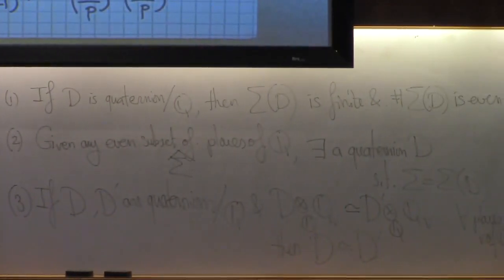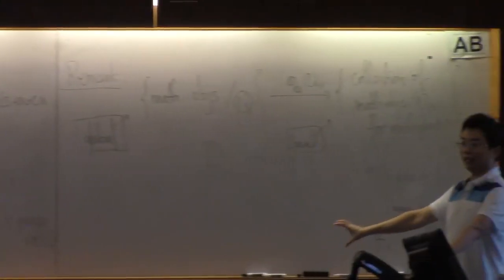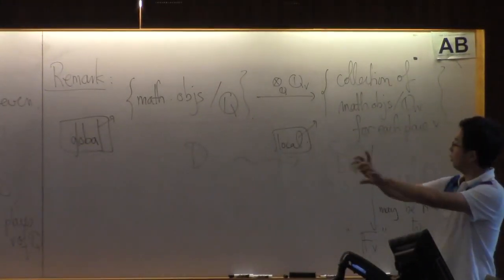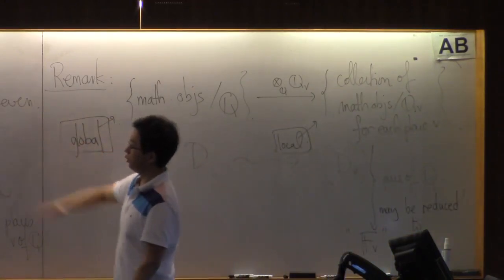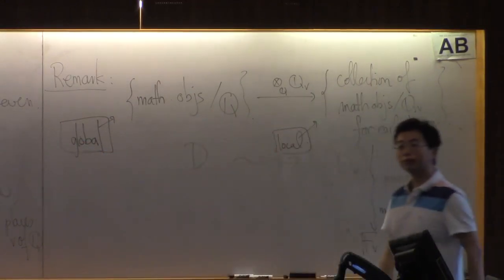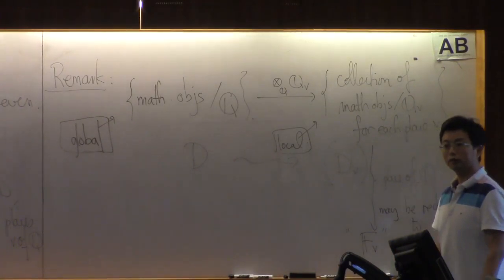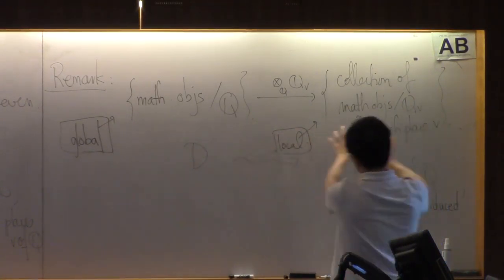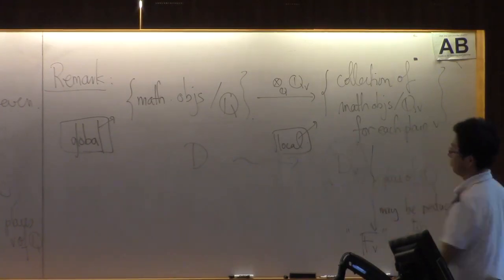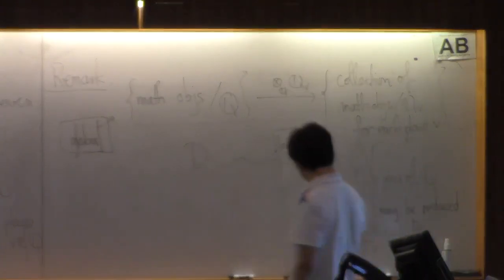That's what part 3 says. Also, you can ask, if for each local place you give some sort of data, do they come from global data? That's what part 1 and part 2 are addressing. So this is the global-local philosophy of mathematics.